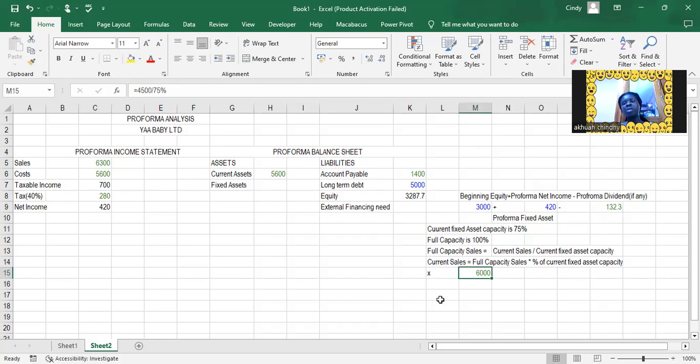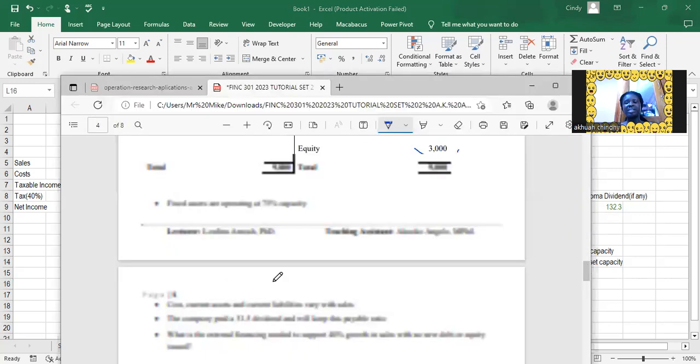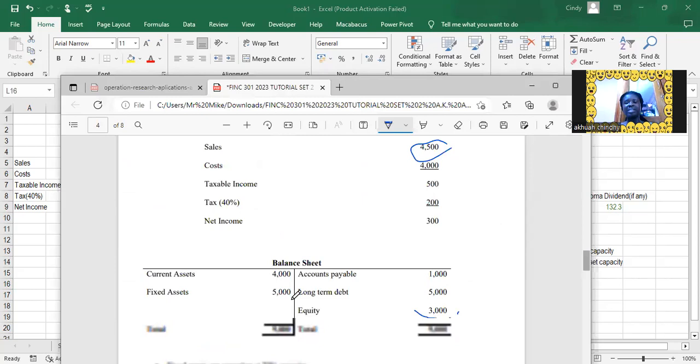So in order to know what total or new assets you need to give you that 6,300, we use this assumption. Our full capacity sales is the 6,000. Our current fixed asset is 5,000.